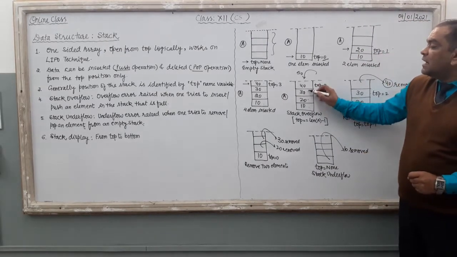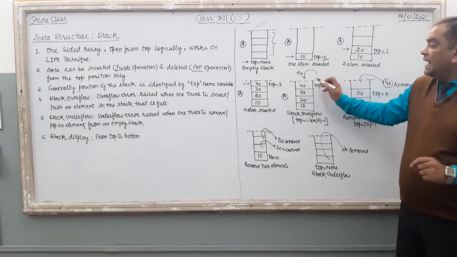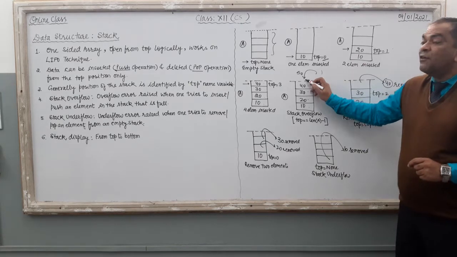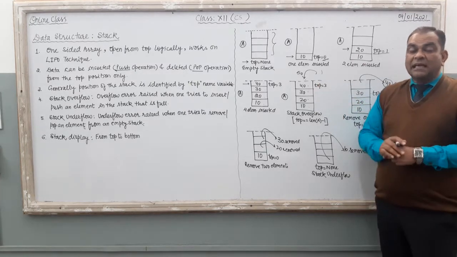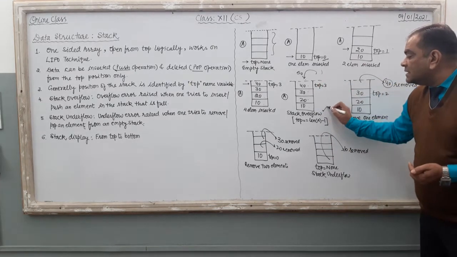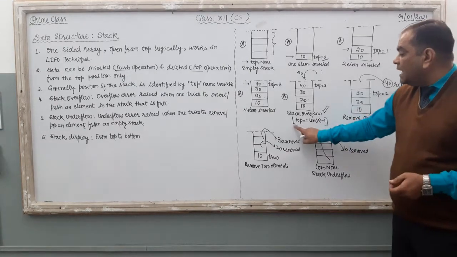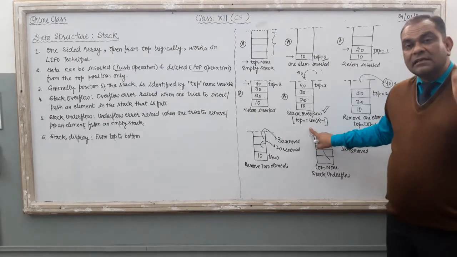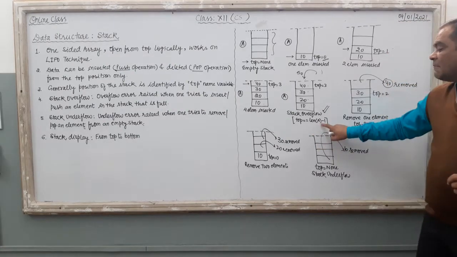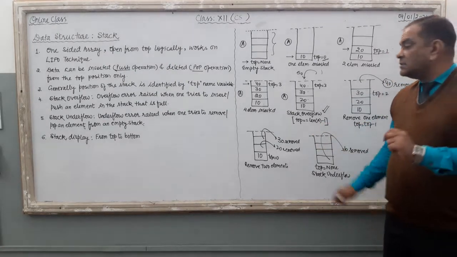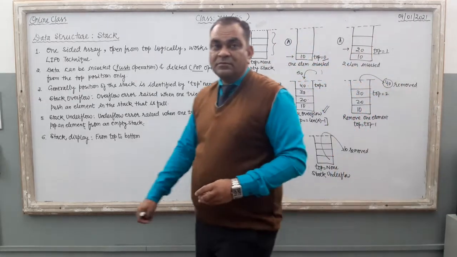Suppose 10, 20, 30, 40, these 4 elements are here and we insert 50. One more element in the stack, then what will happen? This is known as stack overflow condition. Overflow means when the value of the top reaches the len minus 1 position.